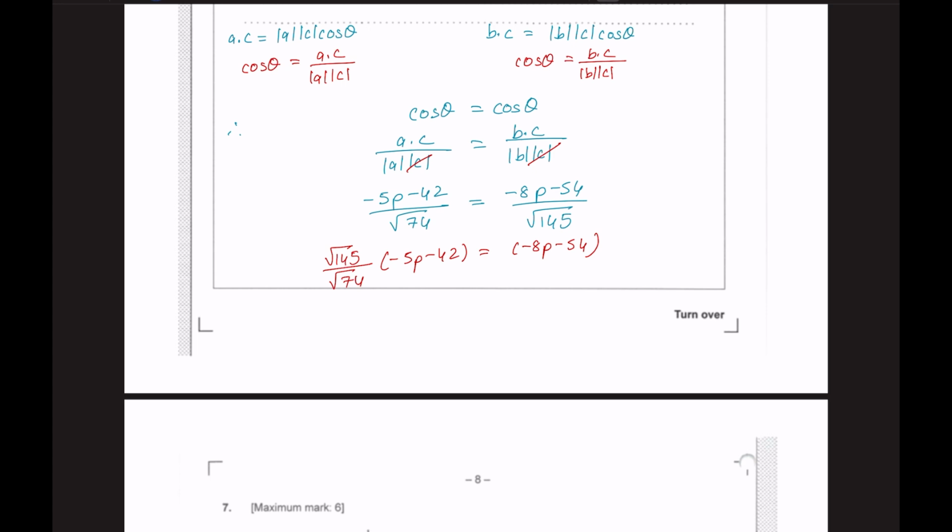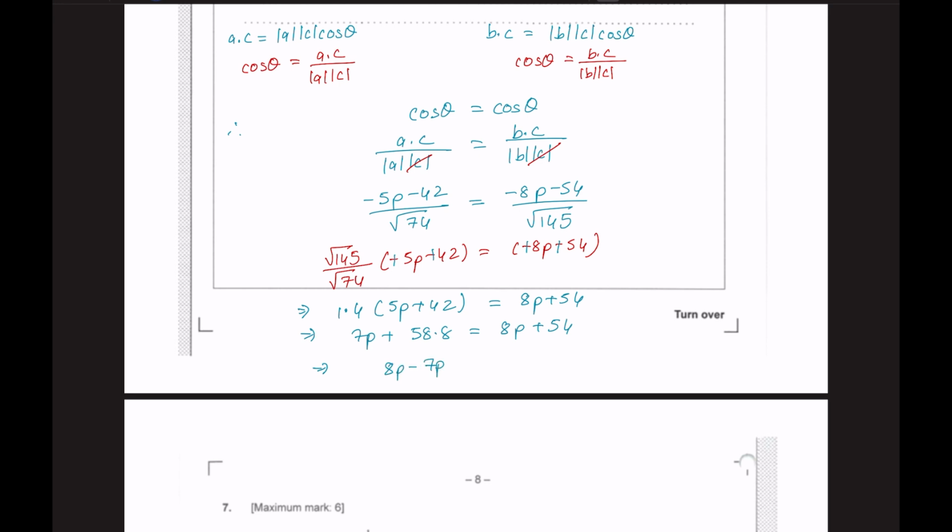And I can do one thing, I can multiply both sides with negative, so all these will become positive. Root 145 over root 74, this will approximately be 1.4. Now if I expand, so yeah, so 8P minus 7P.